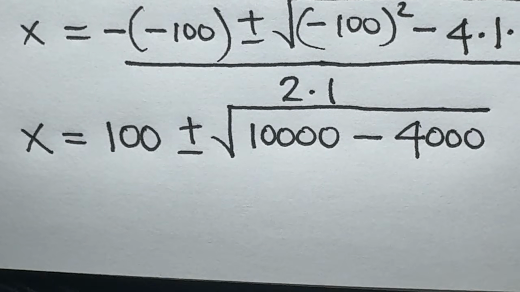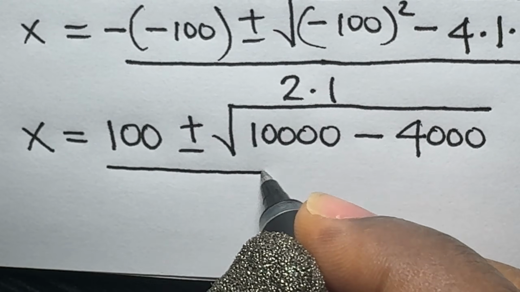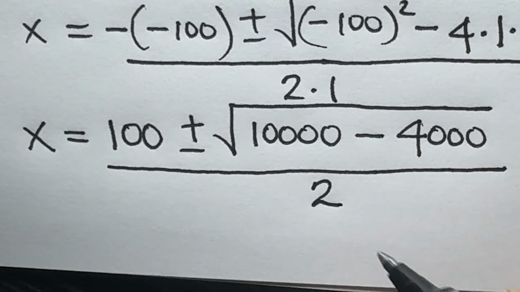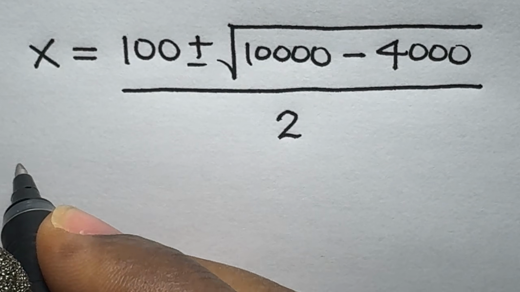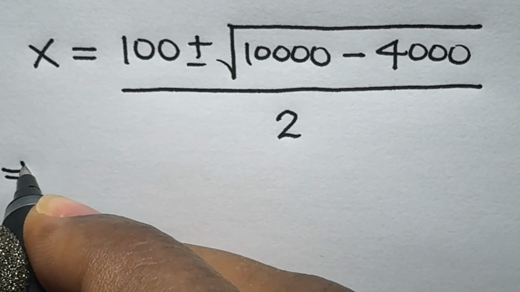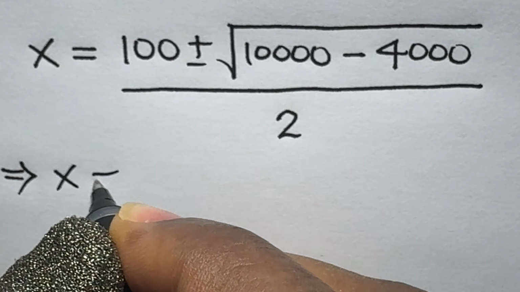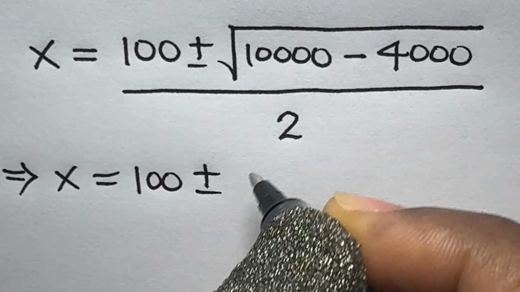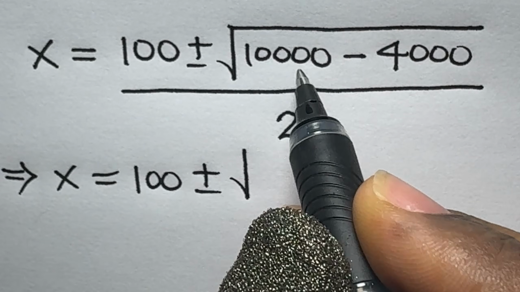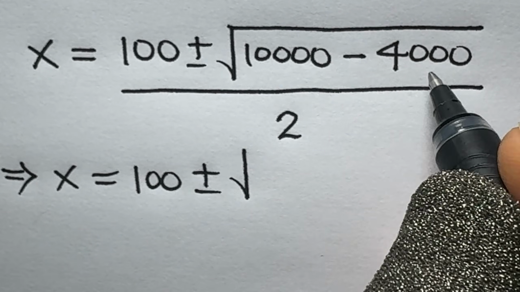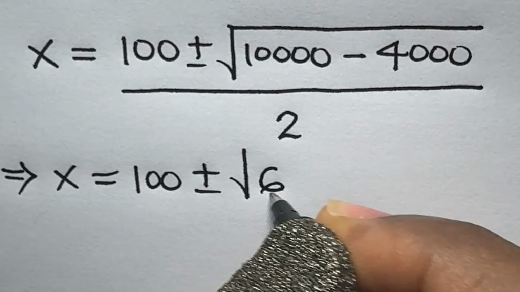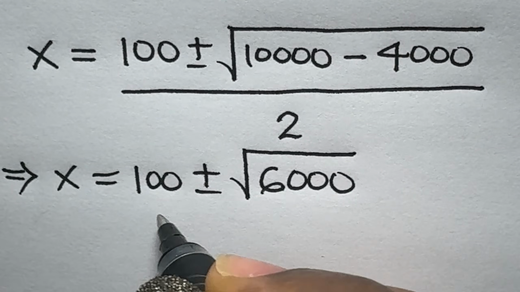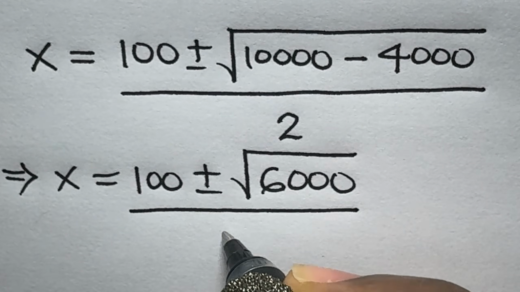Then all of that divided by 2 times 1 is 2. Then x is equal to 100 plus or minus square root of 10,000 minus 4,000 will give us 6,000 divided by 2.